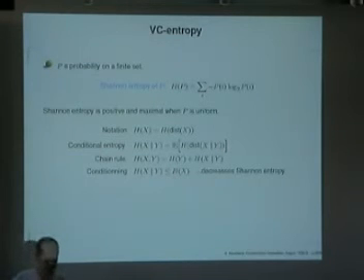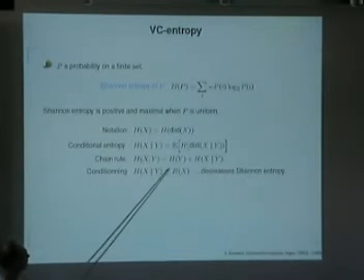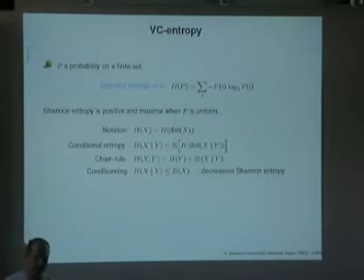Now, the thing to remember is the chain rule, which tells you that the joint entropy, the entropy of the joint distribution of X and Y, is equal to the entropy of Y plus the conditional entropy of X given Y. And convexity strikes again: conditioning can only decrease entropy.